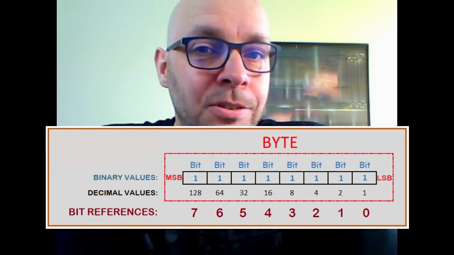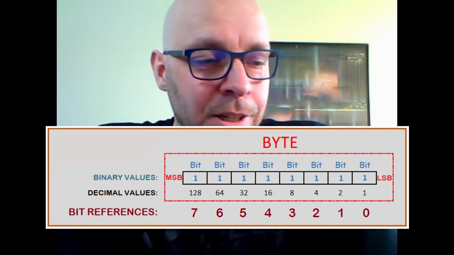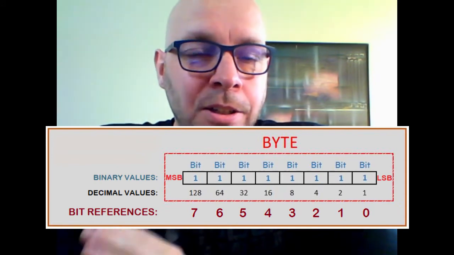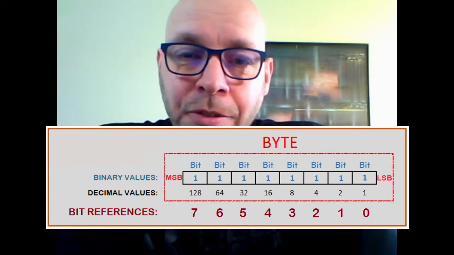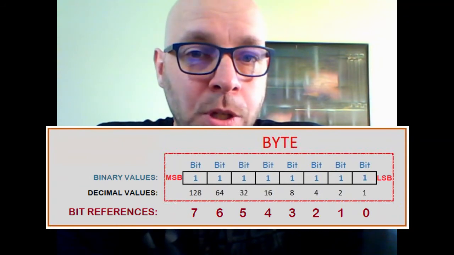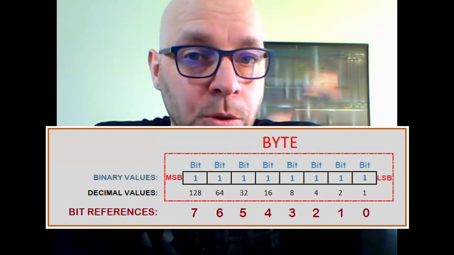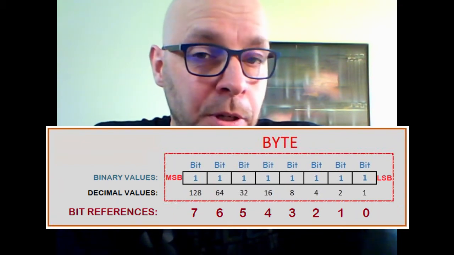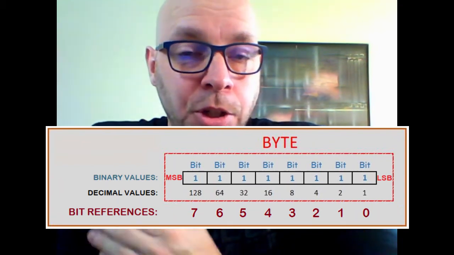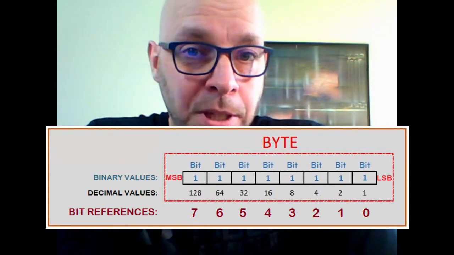And again, don't let this confuse you. It's not equivalent to anything related to their binary values or decimal values or any values whatsoever. It's simply a reference that we use to refer to which bit we're talking about if we want to discuss a particular bit or make a note about a particular bit.